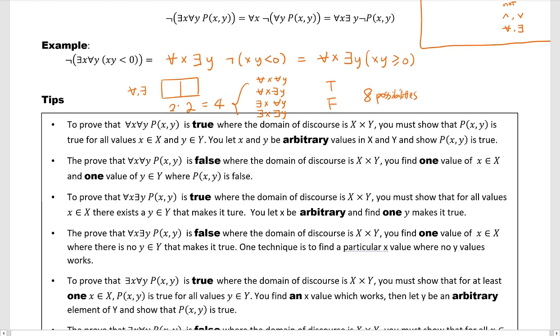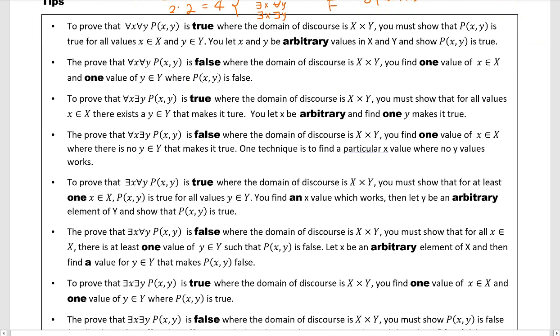So here are the 8 possibilities. Let me label them 1 through 8. The method for each of them is a little bit different, so let's go through them. First, to prove for all x, for all y, P of xy is true, where the domain is X Cartesian product Y, you must show that P of xy is true for all values of x and all values of y.